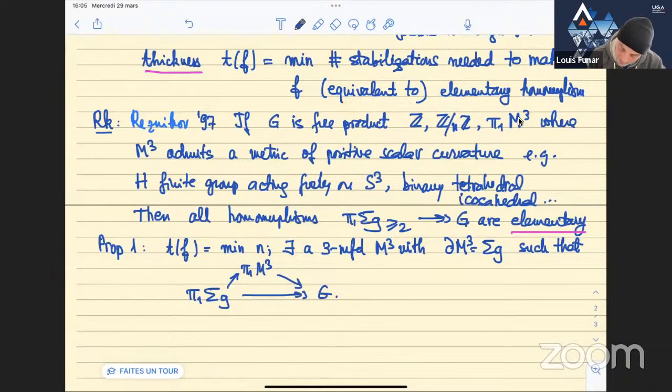And here, this map is I star, the map induced by the inclusion.